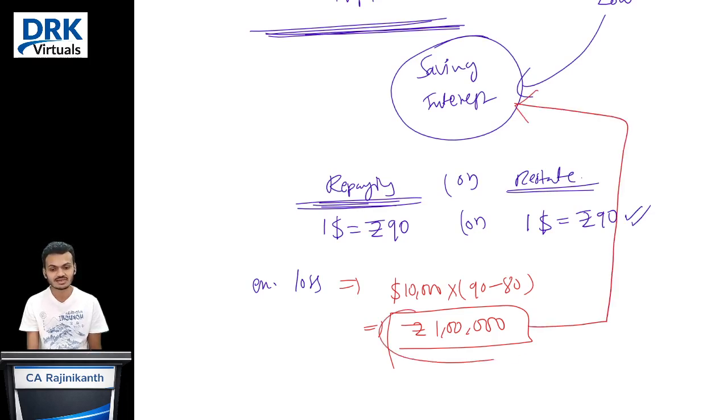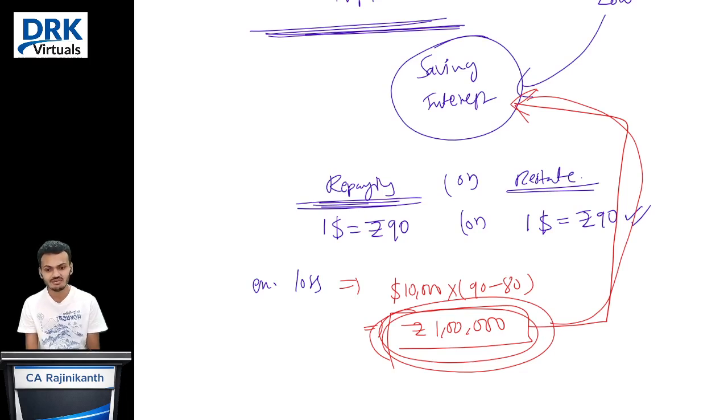Let's assume our interest saving is rupees 80,000.